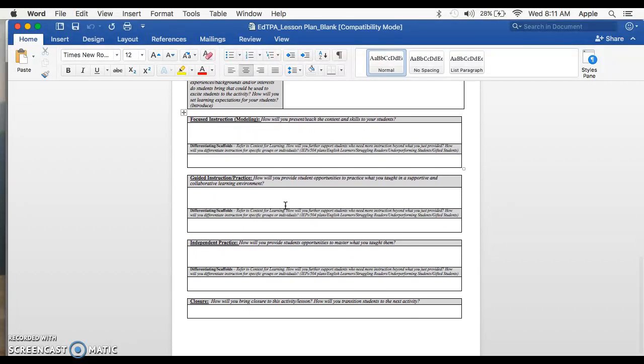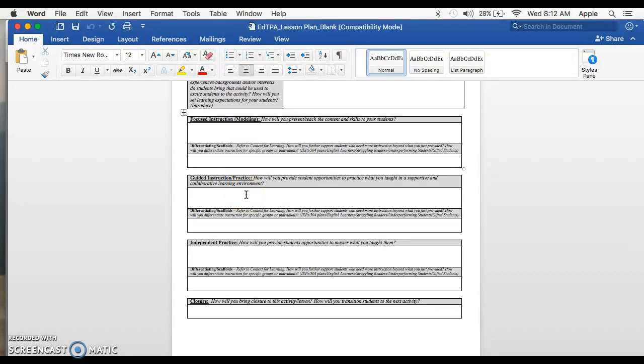And then right after that, it goes into guided instruction and practice. So after giving the lesson and showing students the theory, we need to go and do some problems with them.